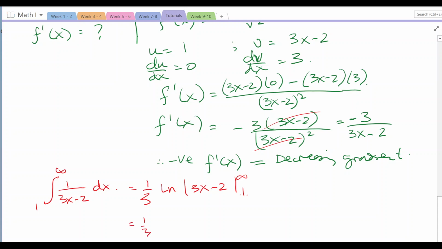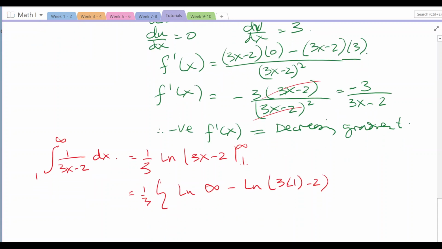It is 1 over 3 multiplied by ln of 3 times infinity minus 2, which is ln infinity, minus ln of 3 times 1 minus 2. 3 minus 2 is 1, so ln 1 is 0.